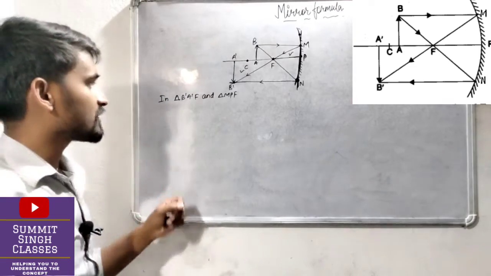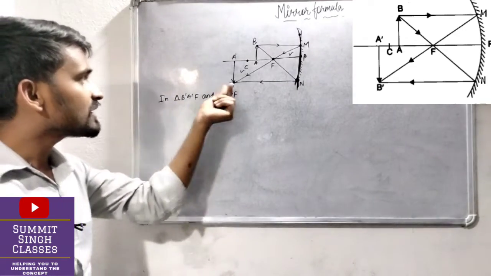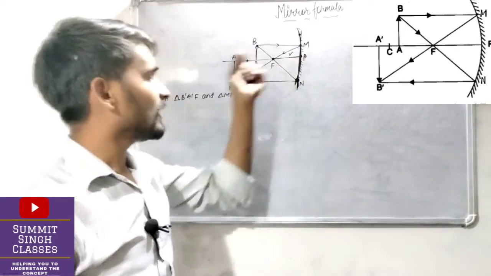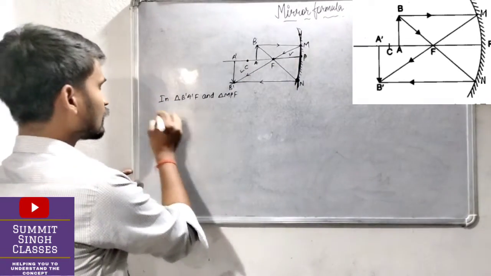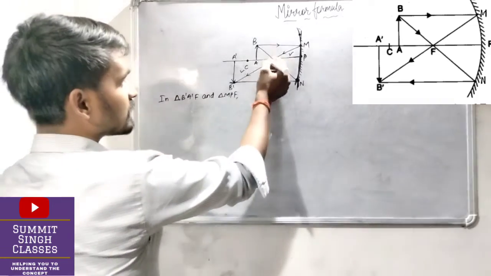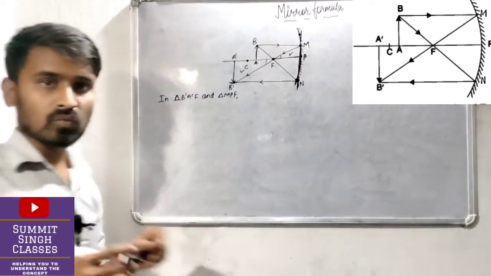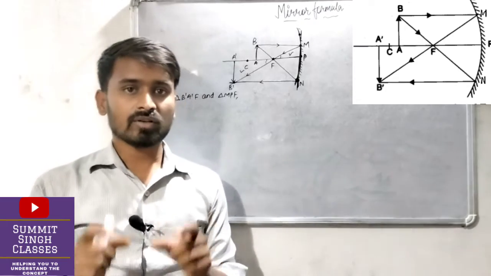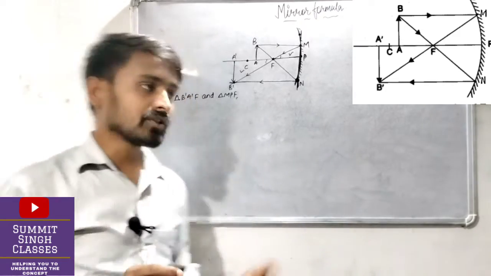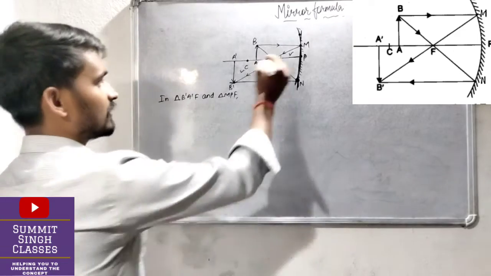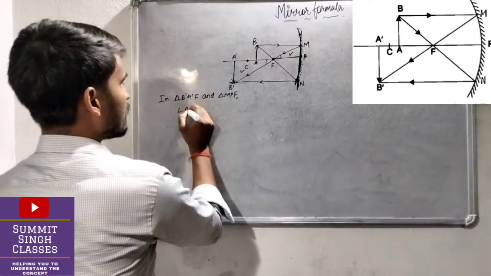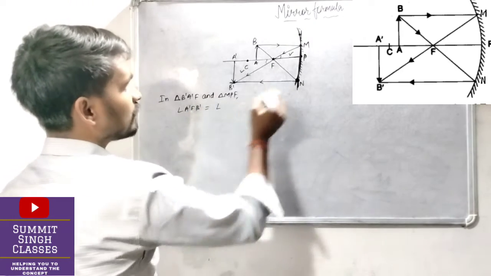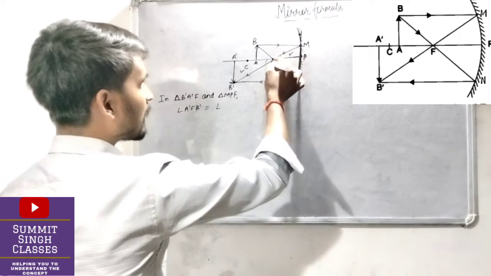So you have to understand that in triangle B dash A dash F and triangle MPF, first, this angle is equal to this angle. Why? Because if two lines intersect each other, then the vertically opposite angles formed are equal. So we can write angle A dash F B dash will be equal to angle MFP.